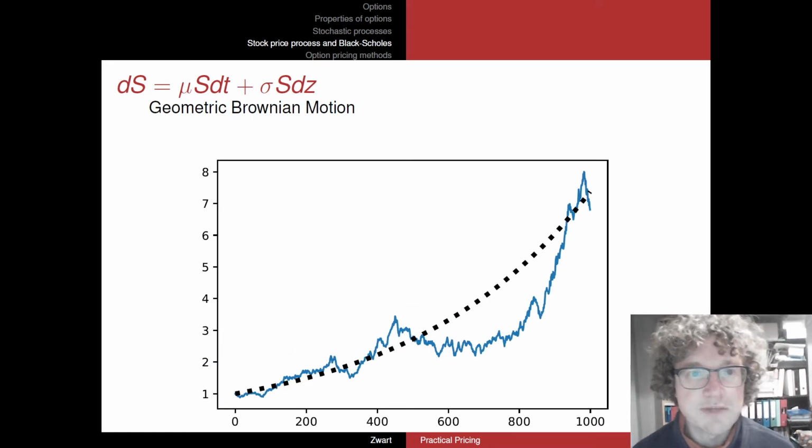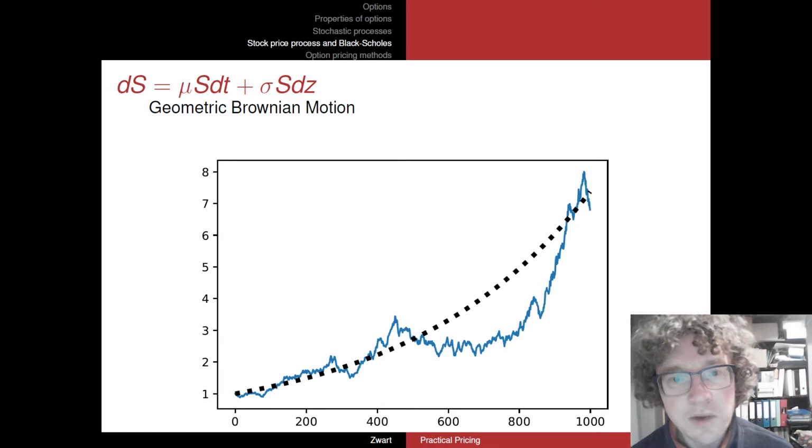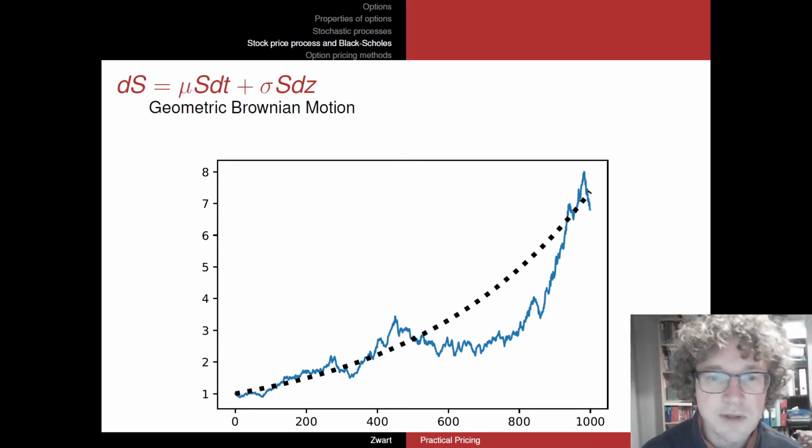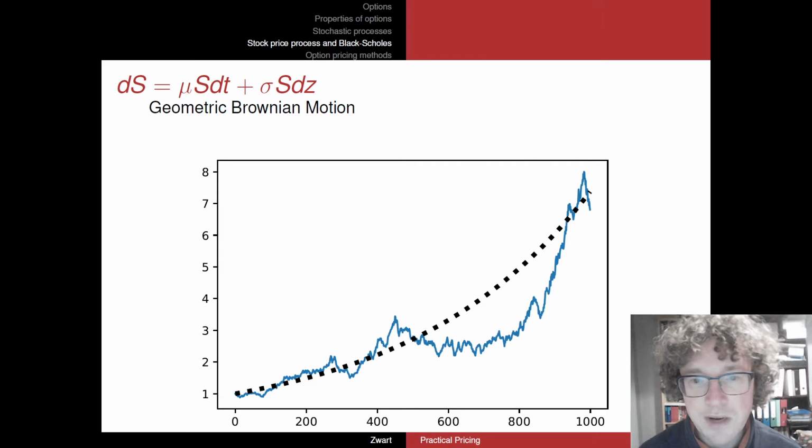And so what does geometric Brownian motion look like? Well, here you see the dotted line, which would be the process without the stochastic part. So it would just be exponential growth, like you can see from the average behavior of stock prices, or perhaps from bank accounts. But lately, you will also know that that's basically how viruses expand in society.